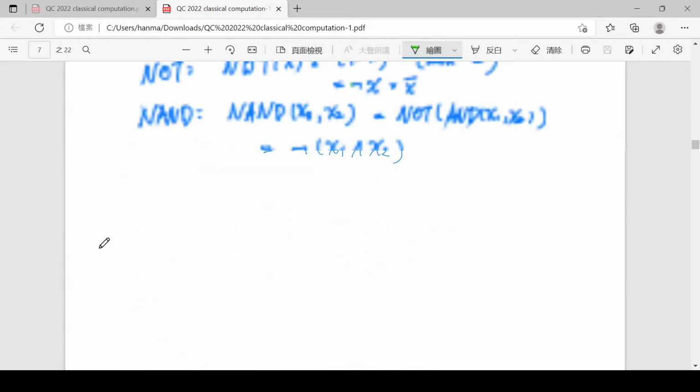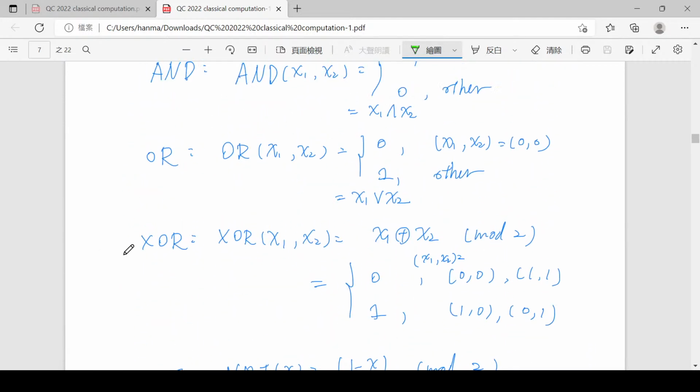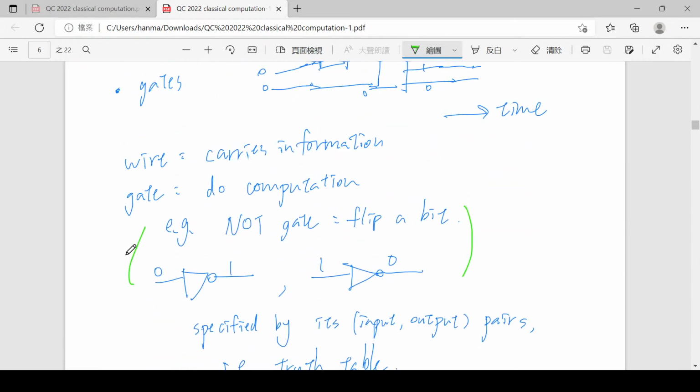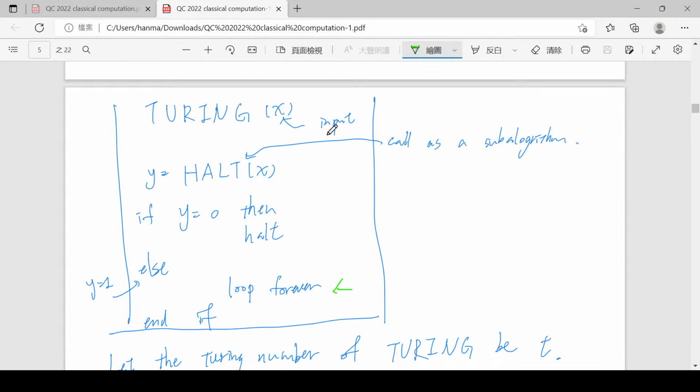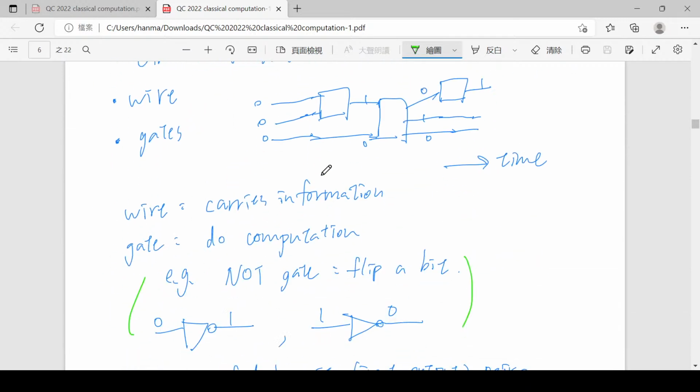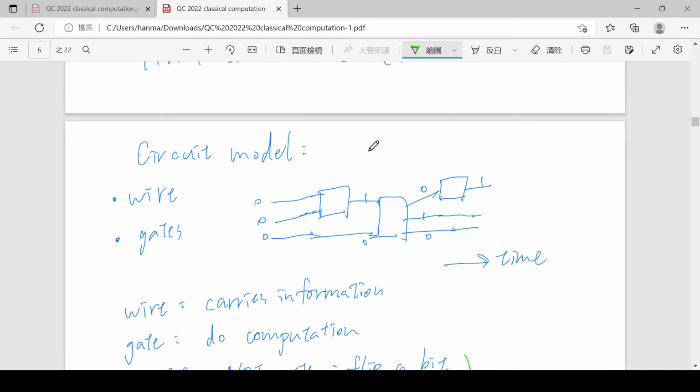Hopefully everyone is familiar. We will not give a more formal description of pseudocode, so hopefully people understand pseudocode. But here we have an introduction of circuit model, and this will also be how we describe quantum computation.